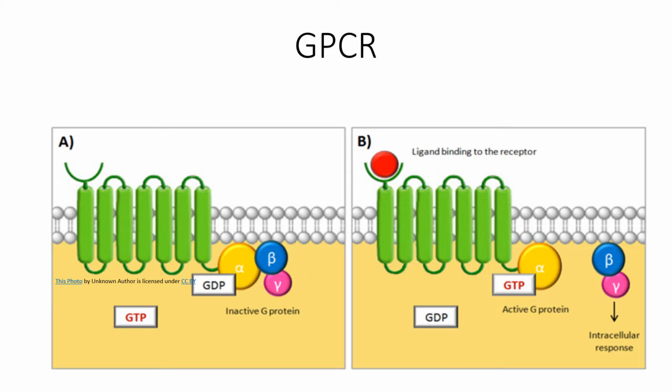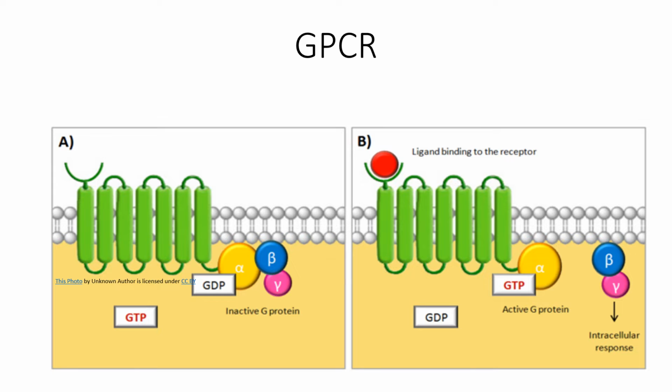Before knowing all about this, we have to know about the G protein coupled receptor. We clearly see it has 7 transmembrane domains, and it is also called a serpentine receptor.